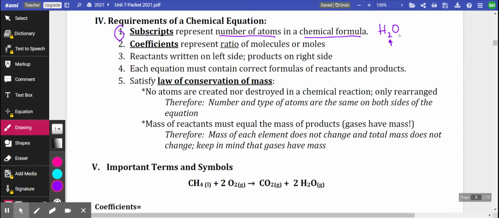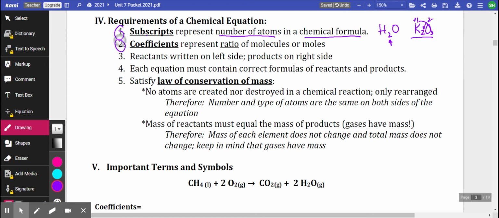You have to use your formula writing rules and write the correct subscripts. For example, potassium oxide is always K2O. Potassium is +1, oxygen is -2, and I did my crisscross: the 2 went here, the 1 out here. So I cannot change these subscripts. Those are determined by our formula writing rules.